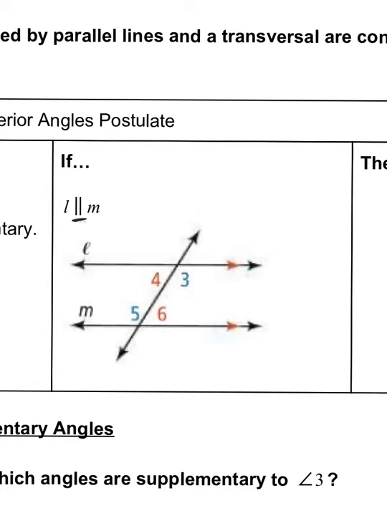So they're parallel, and we have our transversal right here. And what are our same side interior angles? Okay, so we have angle 4 and angle 5 and angles 3 and angle 6. Okay, so those are our same side interior angles.